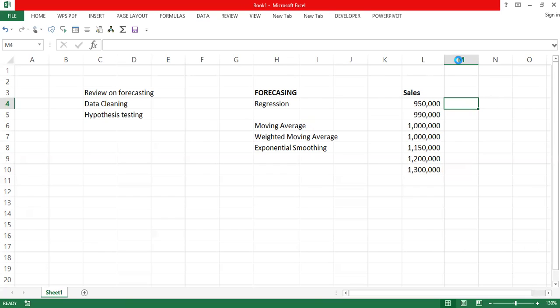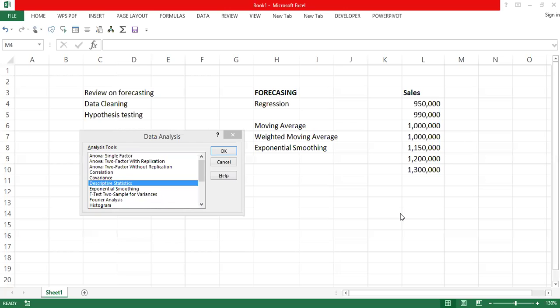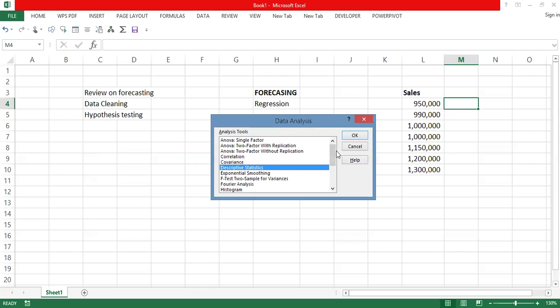I just go to data analysis. The dialog box has opened up. So now you choose exponential smoothing, click OK.